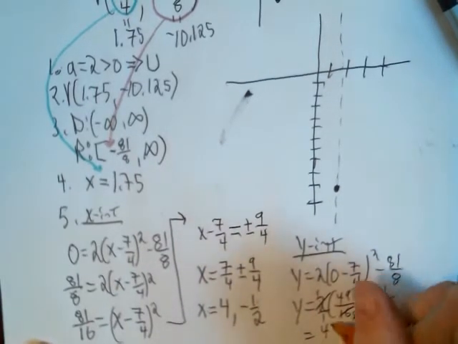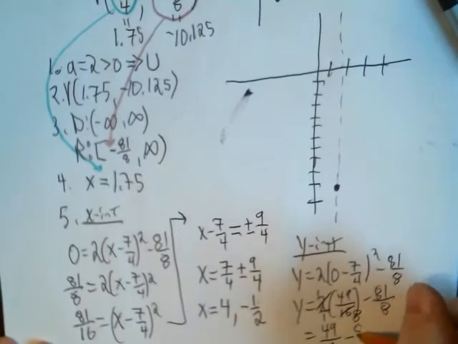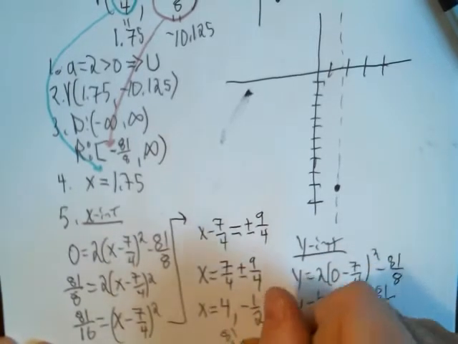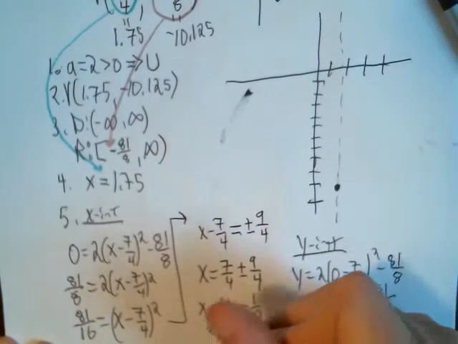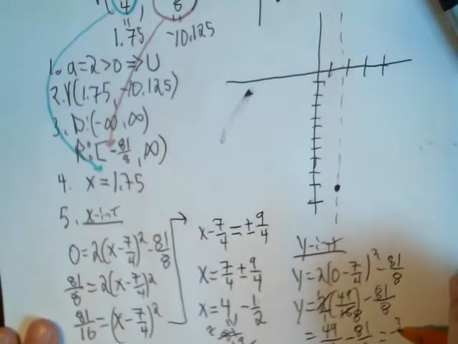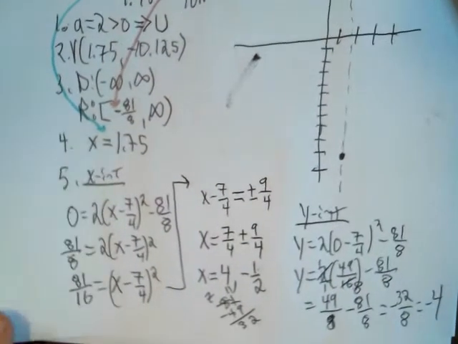So you get 49/8 minus 81/8. So 81 minus 49 is 32, negative 32/8, which is negative 4 for your y-intercept. Sorry, I went off the page there.